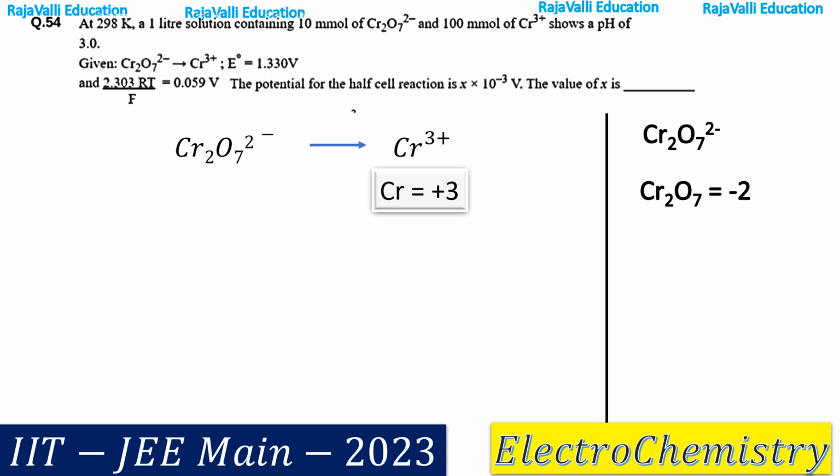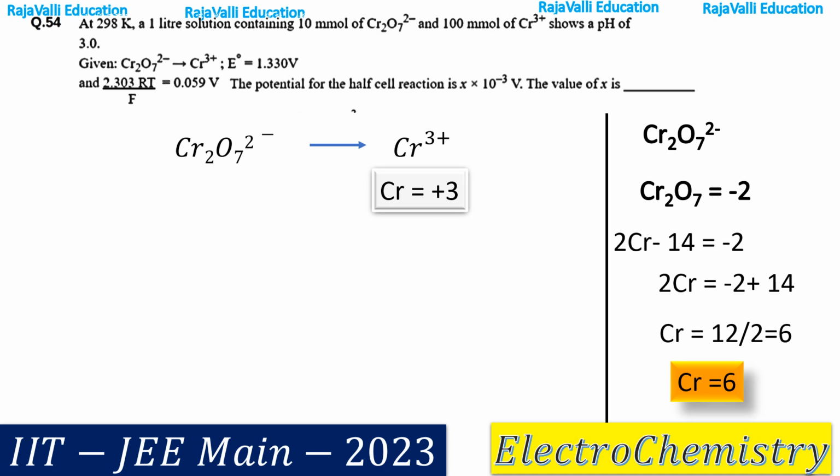We know that the oxidation state of oxygen is minus 2. Substituting these values, we get 2Cr minus 14 equal to minus 2. Solving this, we get chromium equal to plus 6. So in this reaction, the oxidation state of chromium in dichromate is plus 6.